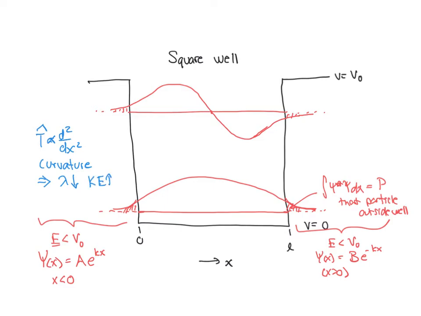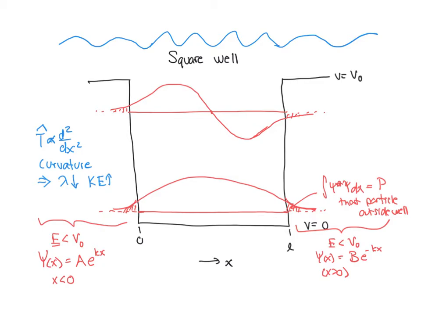And so if I have a total energy that's greater than V naught, I would expect that the wave function right above the well would have a fairly high kinetic energy, and then the wave function outside the well would have a lower kinetic energy and would have a longer wavelength.